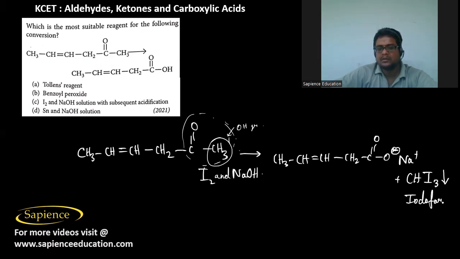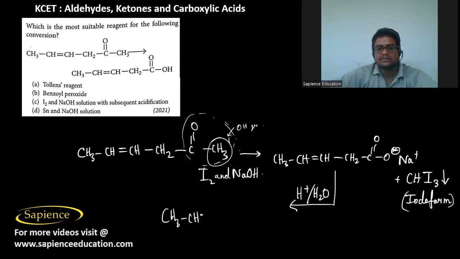So here yellow precipitate of iodoform will be formed, and then this salt of the carboxylic acid is reacted with an acidic solution to form CH3CH2CH2COOH.